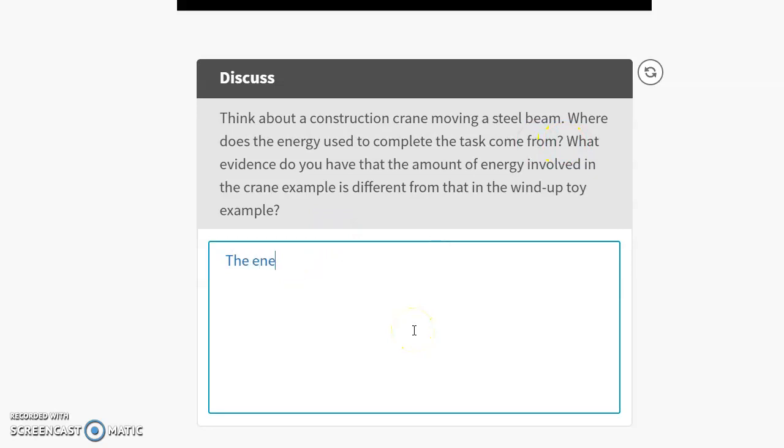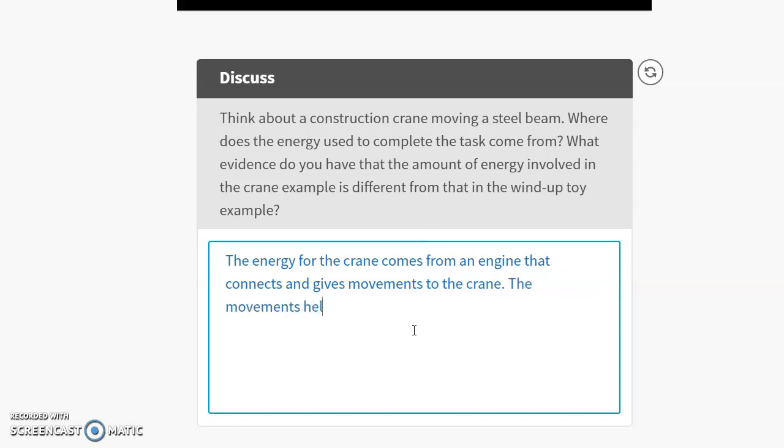The energy for the crane comes from an engine that connects and gives movements to the crane. The movements help it to transfer energy to the beam. What evidence do you have that the amount of energy involved is different from a wind-up toy?